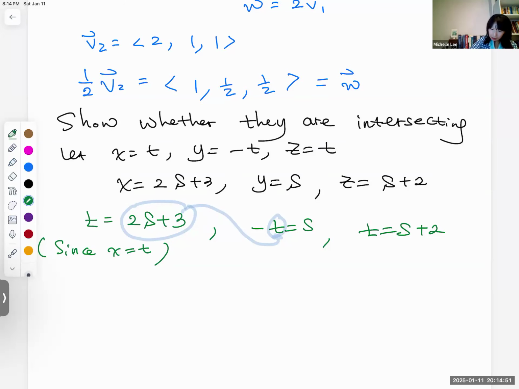All right. Then we have negative (2s plus 3) equal to s.